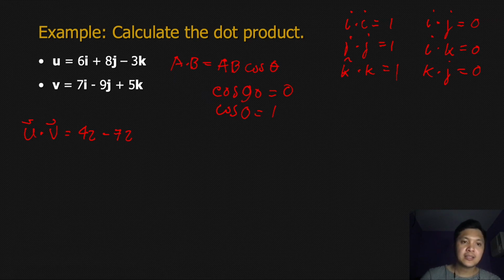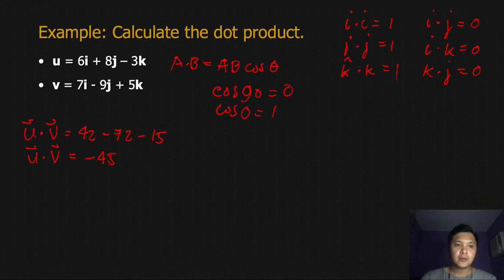And then lastly, k and i is 0, k dot j is 0, and then negative 3k dot positive 5k is negative 15. Therefore, u dot v is equal to negative 45.